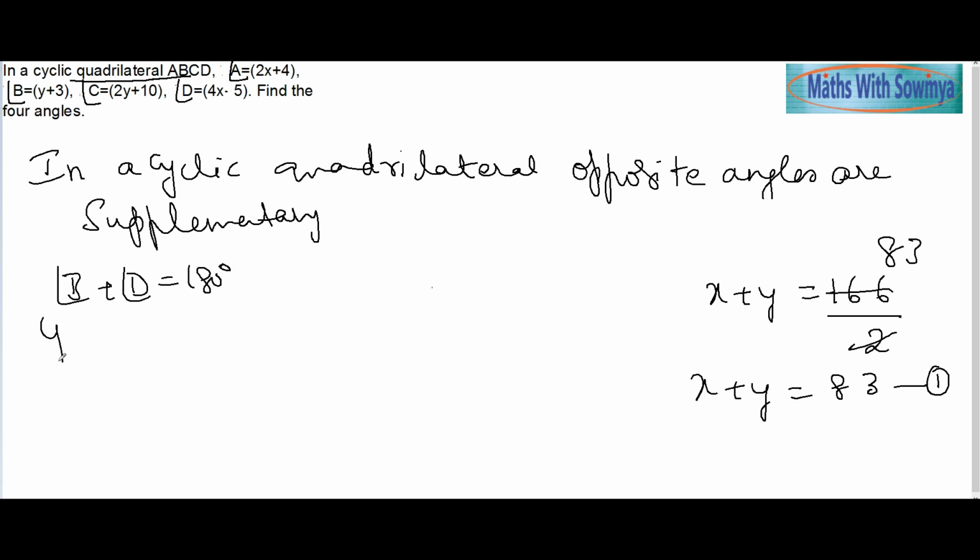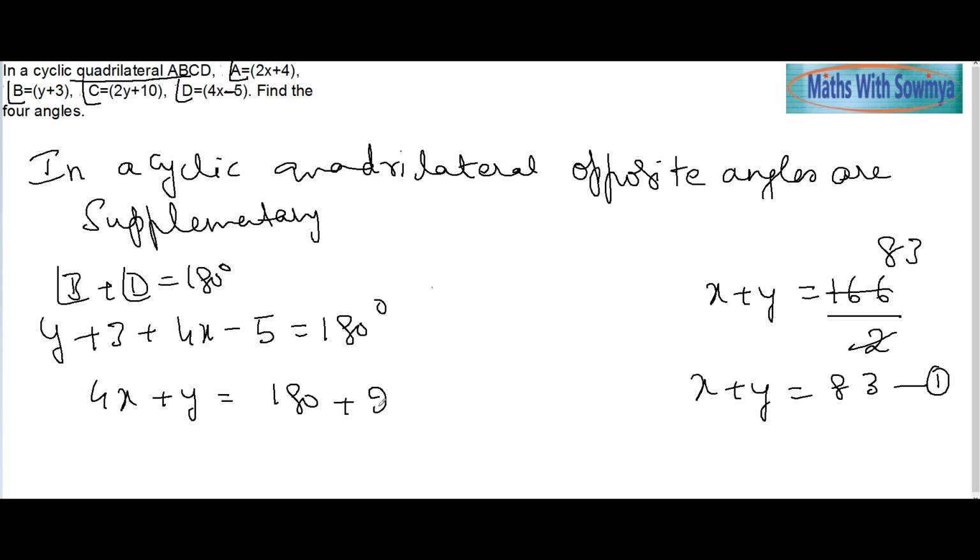What is B? B is y plus 3. D is 4x minus 5, which is equal to 180 degrees. So I write 4x plus y is equal to 180 plus 2, taking the 2 here. So 4x plus y is equal to 182 is my equation 2.